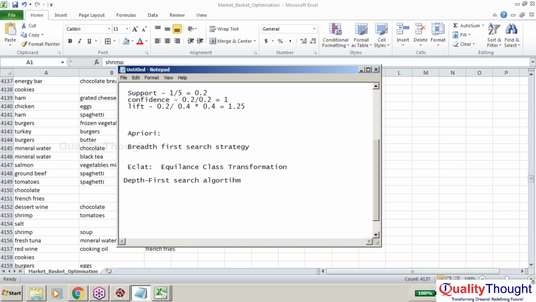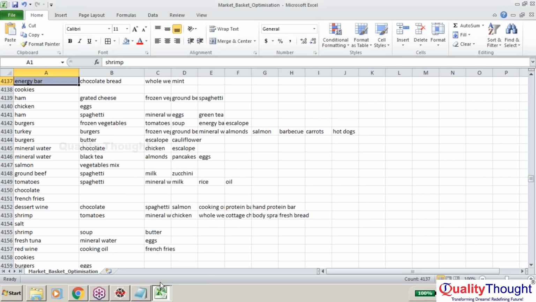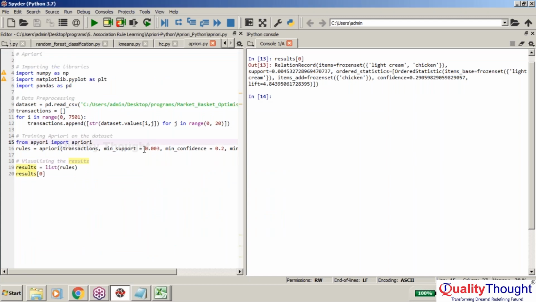Because for every individual product there is a different value. Let me show you here. I set some minimum support. If you take a look at this, in the given example the support is 0.004 and the confidence is 0.29, where the minimum is 0.2. So generally, these are the values that we could go ahead with.